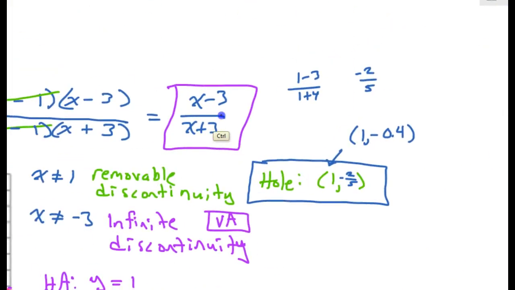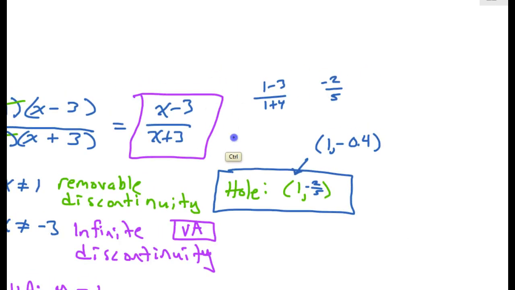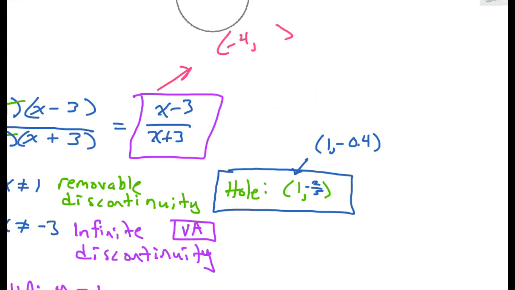Okay, and again, I'm going to use this version of the function. So let's find what's happening at an x value of -4. Like -4 comma what? If I substitute in -4, then that's going to give me -4 minus 3 over -4 plus 3.